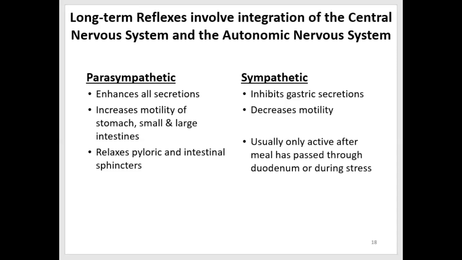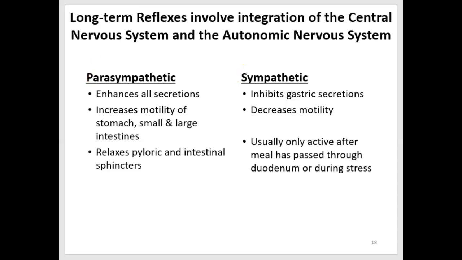So let's just review what we know about the autonomic nervous system. There's two branches: the parasympathetic nervous system and the sympathetic nervous system. You probably know the parasympathetic as rest and digest, and the sympathetic is fight or flight, right?